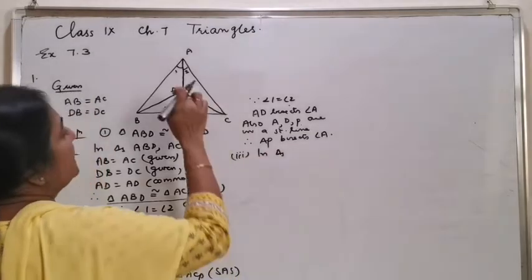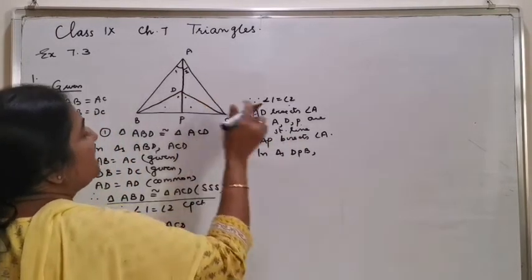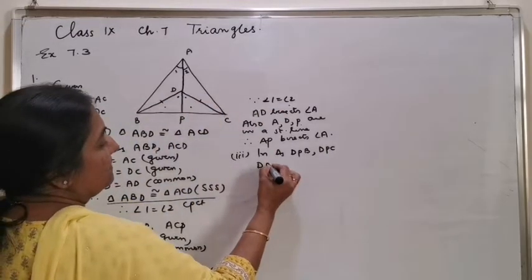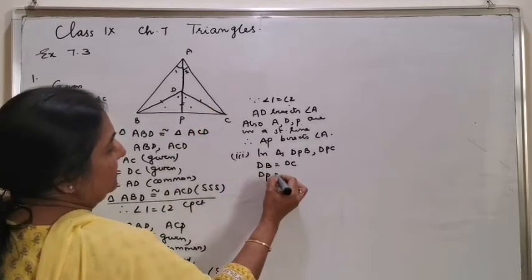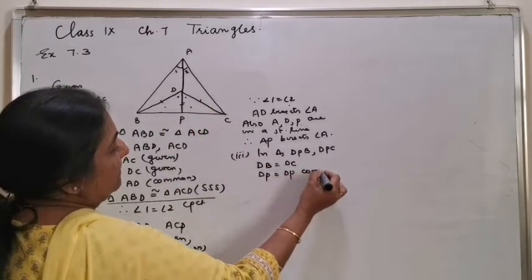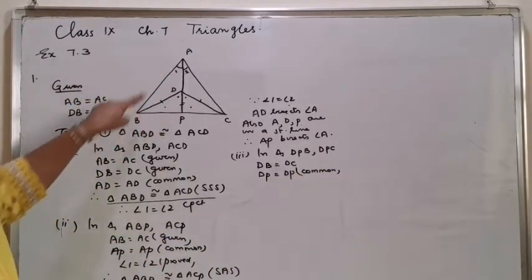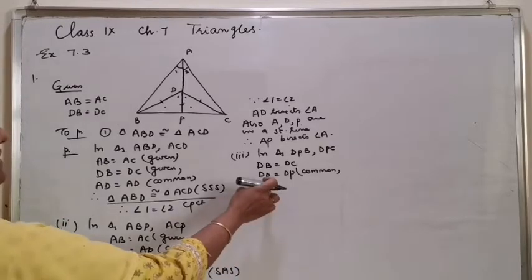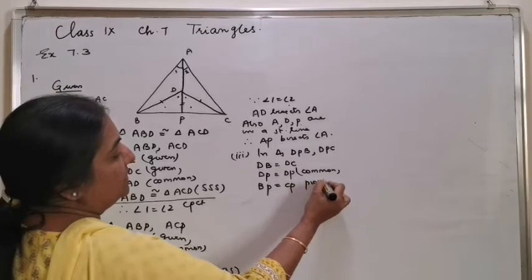In triangles DPB and DPC, DB is equal to DC, then DP equal to DP, common, and you have proved ABP congruent to ACP. There we can take BP is equal to CP, which can be used here. BP is equal to CP, proved.